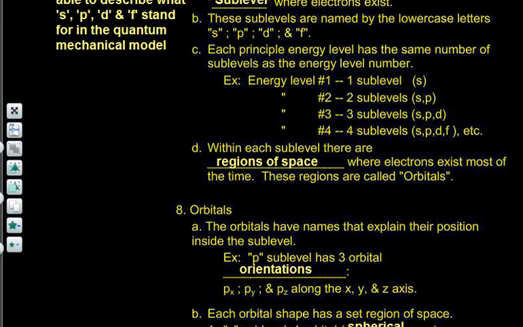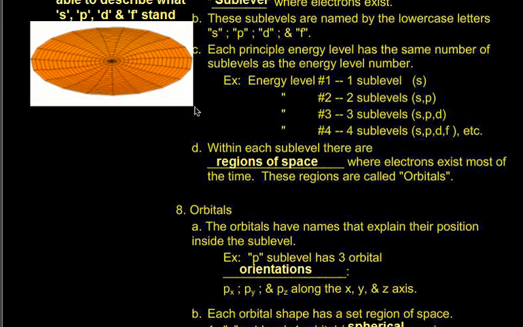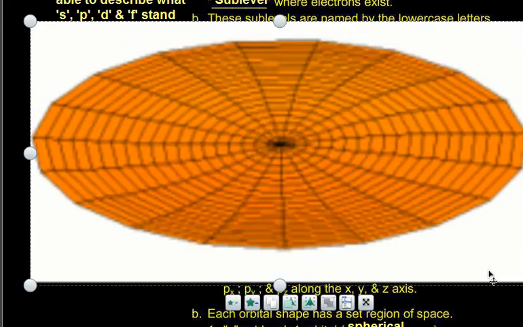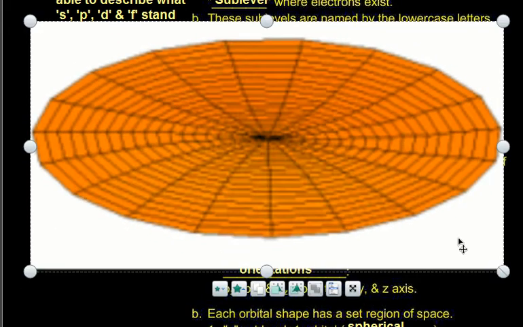Okay, but there's another kind of energy shape at the second energy level, and it's this. This would represent what the p sublevel would look like, and notice how it's twisting through the middle.